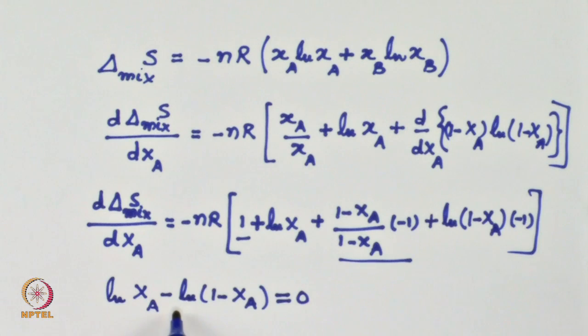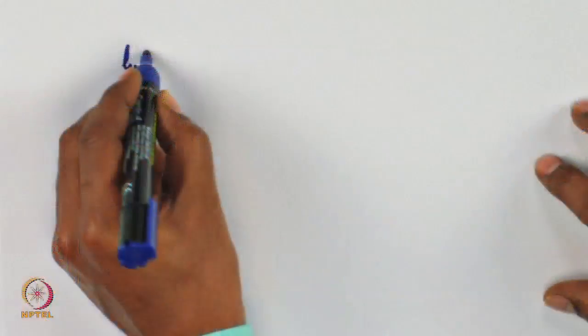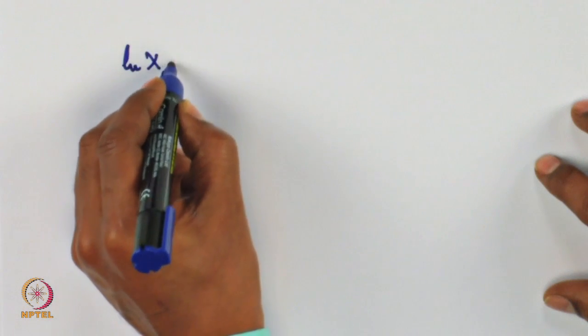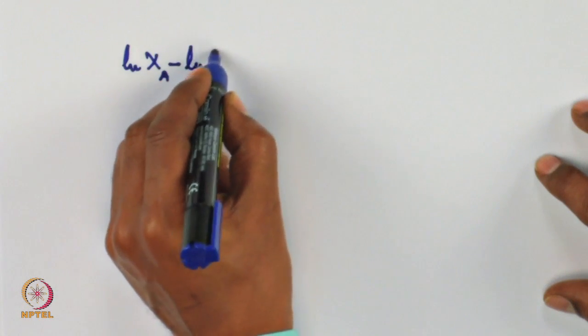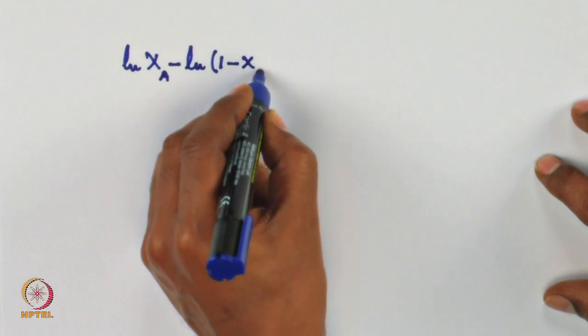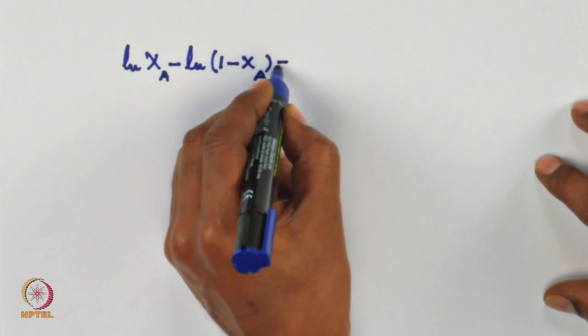So log x A minus log 1 minus x A is equal to 0.